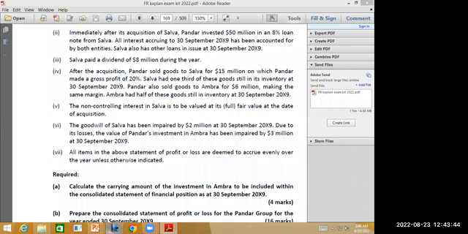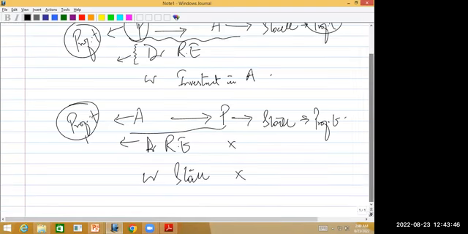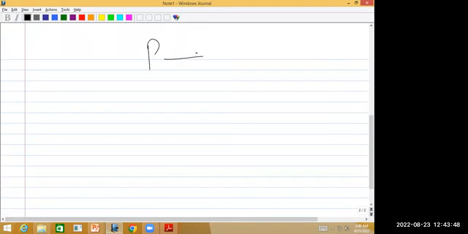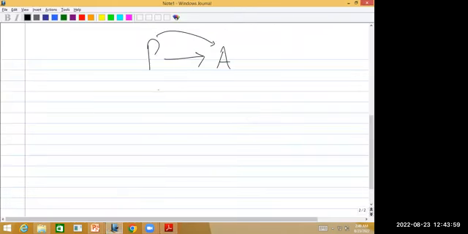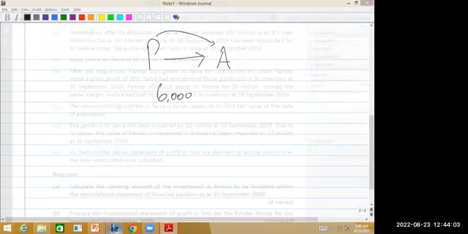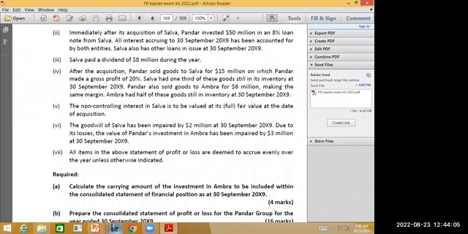Parent has sold goods to the associate company. It's a downstream adjustment. Parent is selling goods to the associate company. So it's sold at a value of 6 million, and the gross profit percentage is 20%.